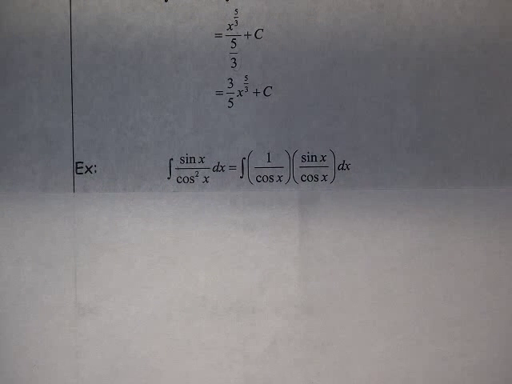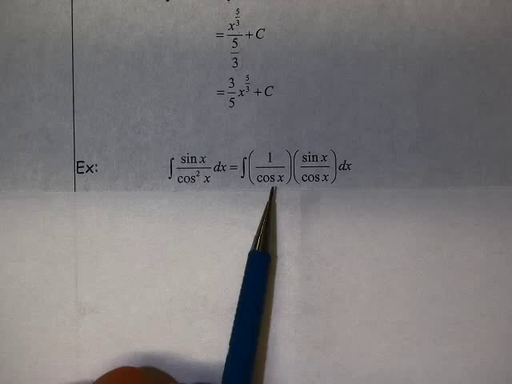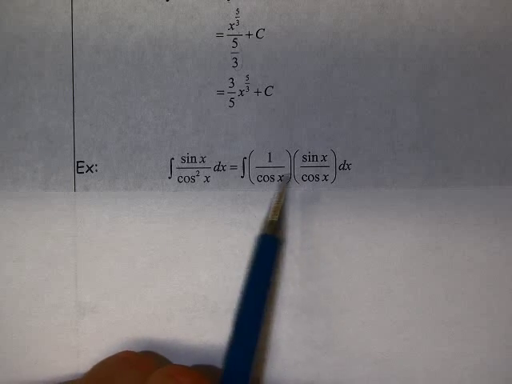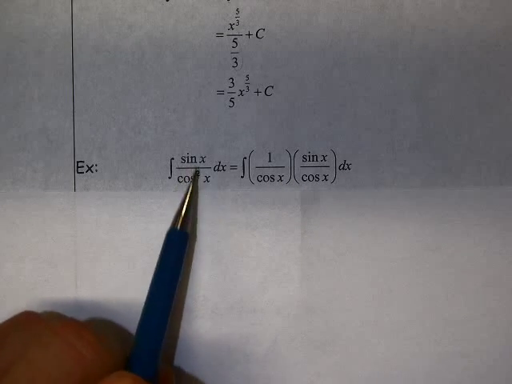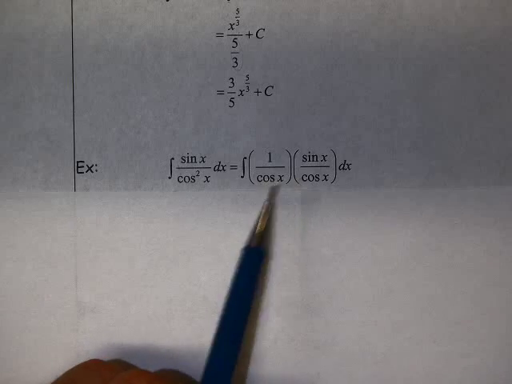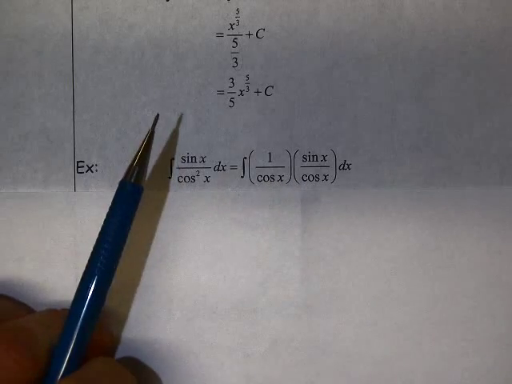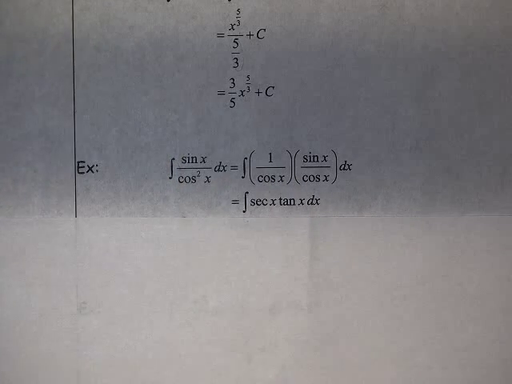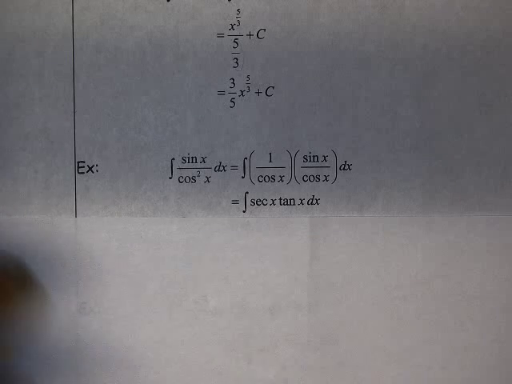Next one we have sine x over cosine squared x. I'm going to rewrite it this way. It may not be obvious why I'm doing that yet, but if you look at this, it doesn't look like any kind of end result of a derivative for me. So I'm working toward that here. If you take a look at what I have there, now hopefully it looks familiar.